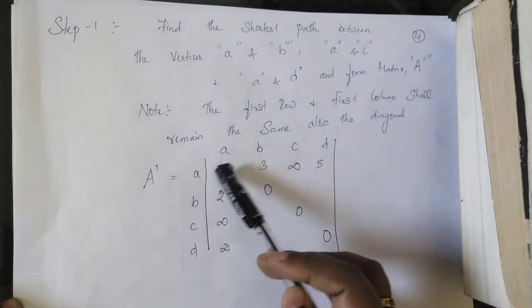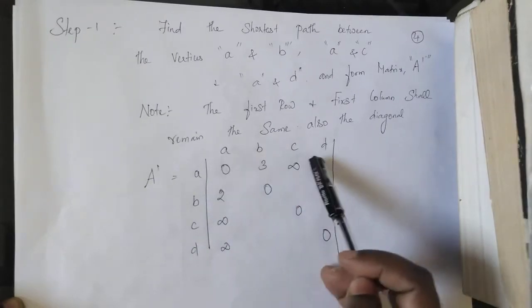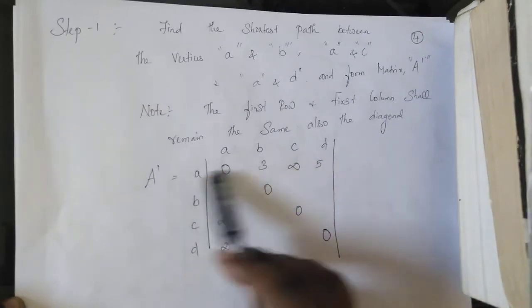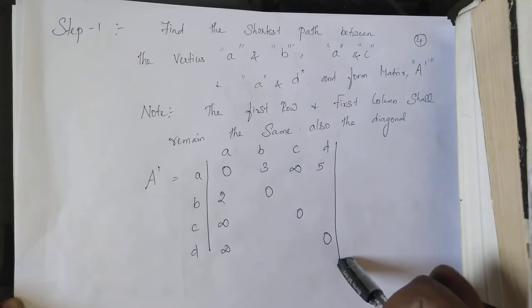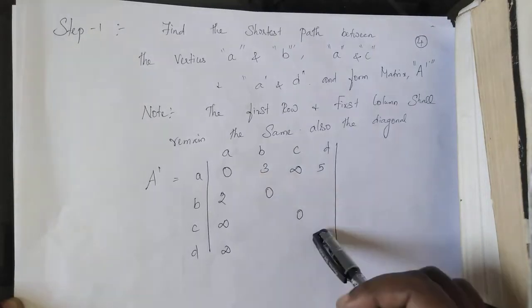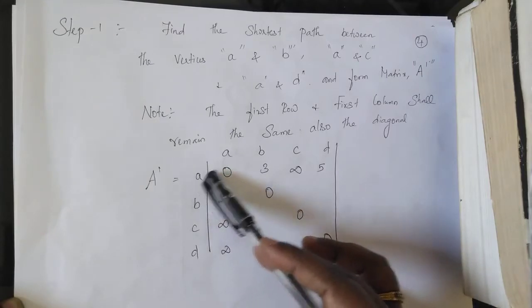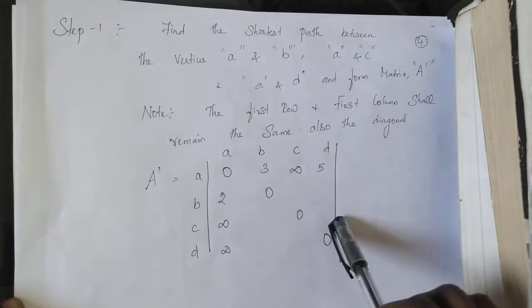Because they indicate how A is directly connected to each of the vertices. So that is the shortest path possible and will remain the same. Of course, the diagonals will also remain the same because the edge connecting a vertex to itself is going to be 0.